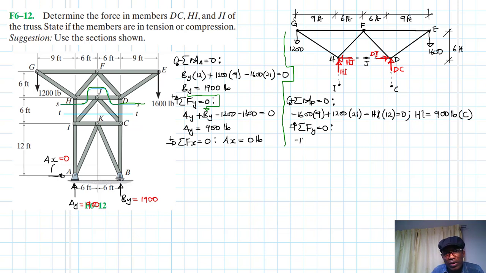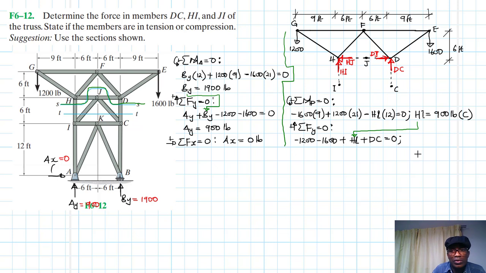We have a minus 1200, minus 1600, and a plus HI and a plus DC equal to 0. We've already found what HI is, so we can feed it directly there.